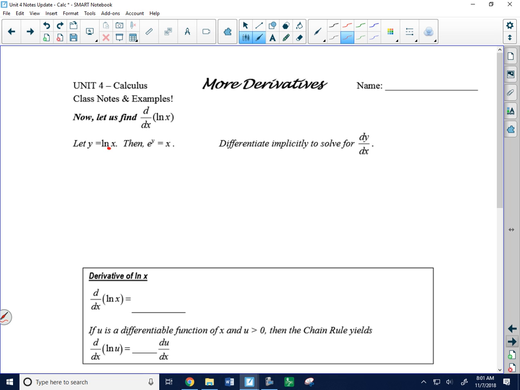I'm then going to do the change from log to exponential form. It's really a base of e. It's been a little while, but I'm just changing from log form to exponential form.